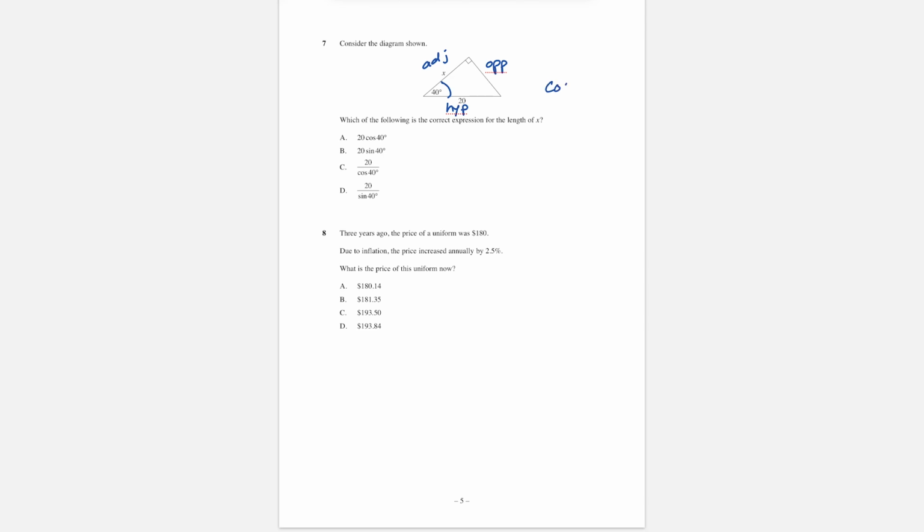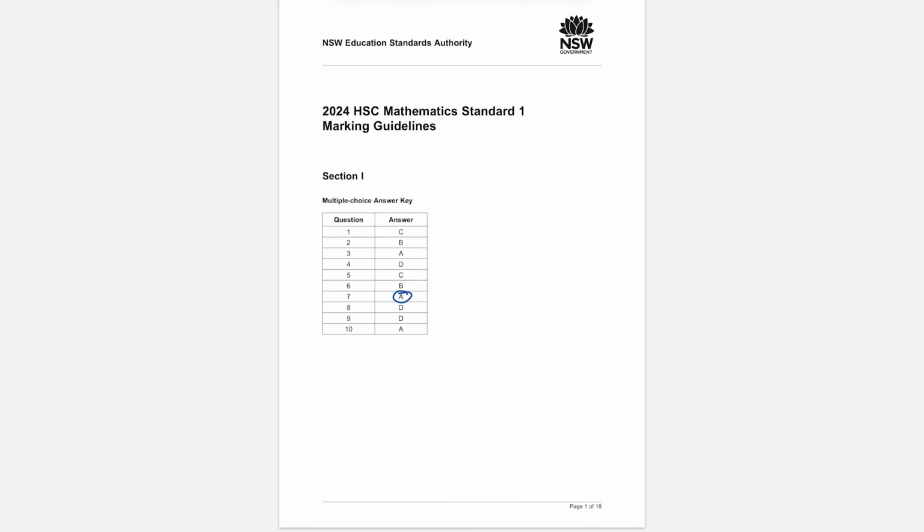So cos the angle is equal to adjacent over hypotenuse. All right, so cos 40 is equal to x over 20. And you can see that they've rearranged it to make x the subject of the equation. So x is equal to 20 cos 40. So that's our answer, A. Yep.